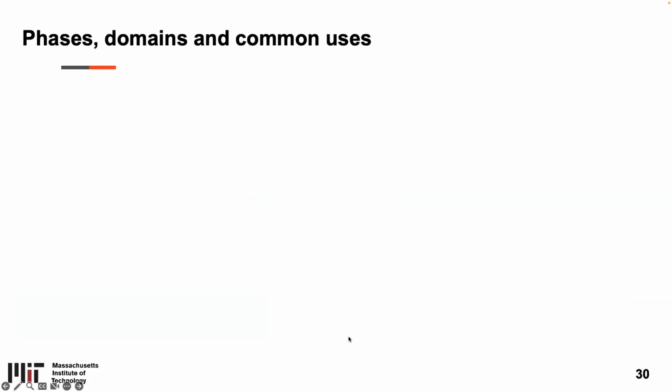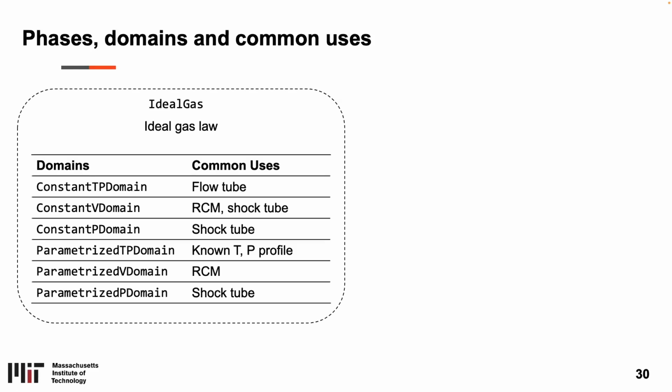Okay, so here are some common uses of different domains. For ideal gas, we have 6 different domains with different use cases. I'm not going to go into details of this because it's quite self-explaining. For a system where you know the volume profile, like a rapid compression machine, so you know the volume at each time point, you can give it the volume profile, and it will try to solve the equation exactly at each time point for the volume of the experiments.